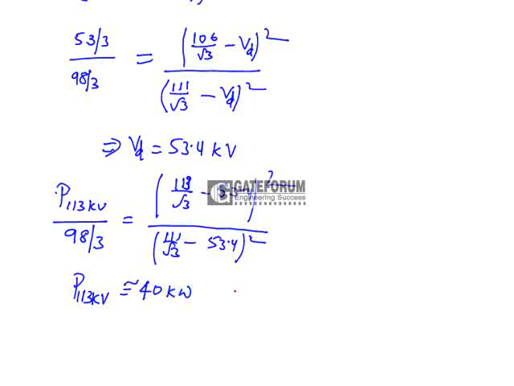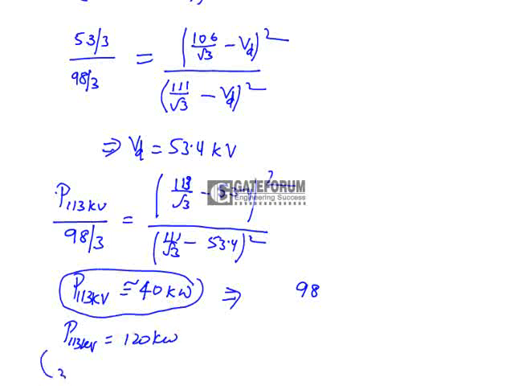In the question he doesn't ask anything about the corona loss at 113 kilovolts. He asked about the enhancement. Now the corona loss at 111 kilovolts is 98.